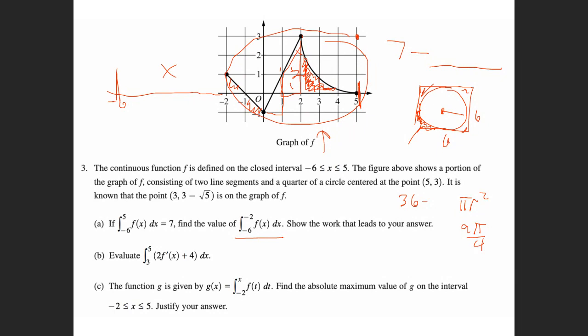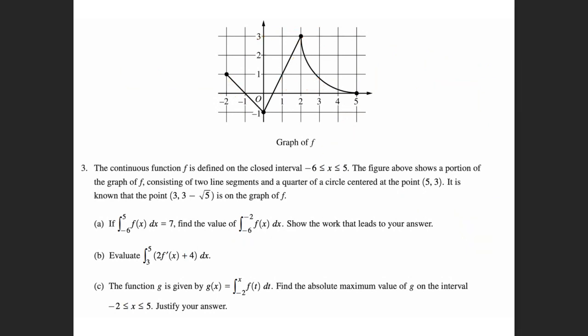Where did the 6 come from? Well, if you take a look at this piece right here, this is a half of a circle, right? They told us that this was a half of a circle. Well, the rest of the circle would go like this, wouldn't it? So looking at the square here, if this is 3 up to here, this would be another 3 here.